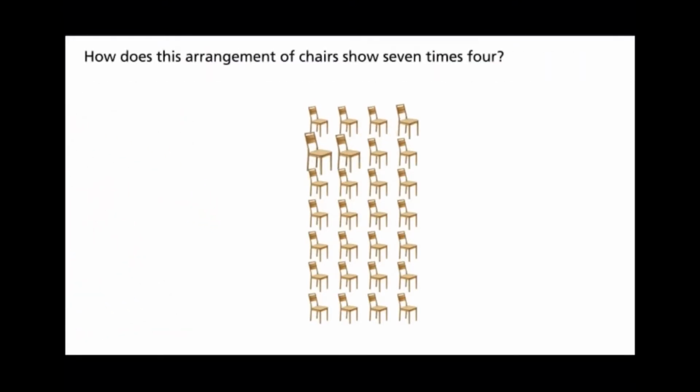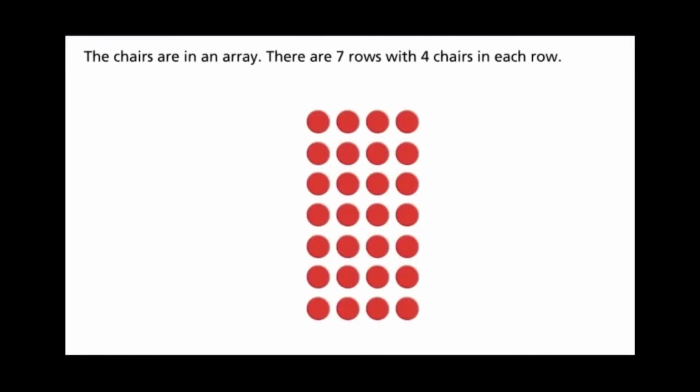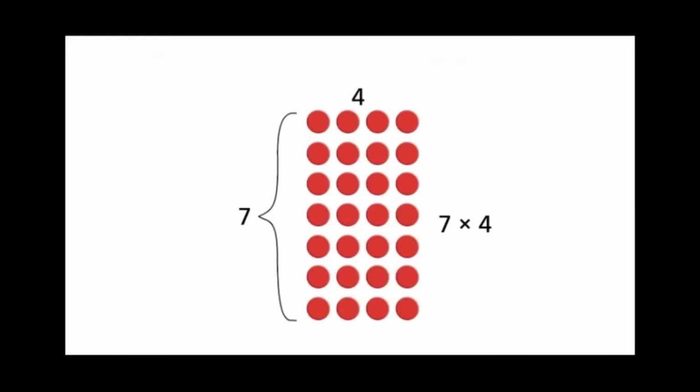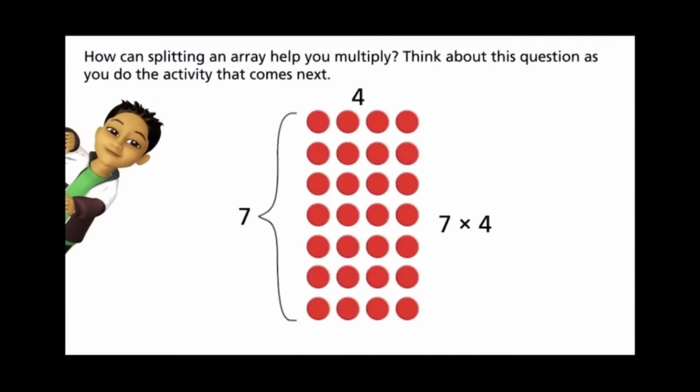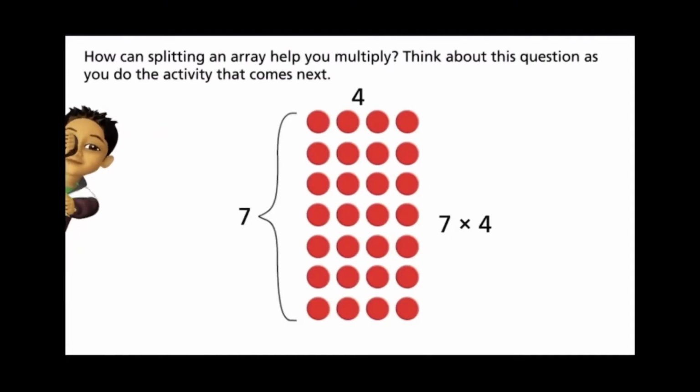How does this arrangement of chairs show 7 times 4? The chairs are in an array. There are 7 rows with 4 chairs in each row. How can splitting an array help you multiply? Think about this question as you do the activity that comes next.